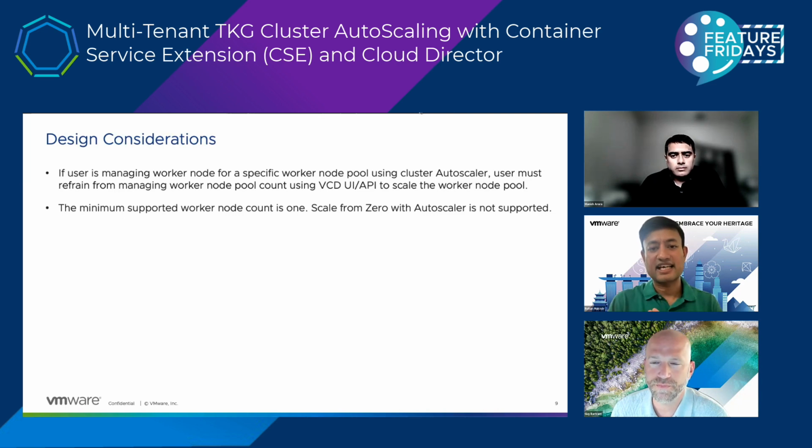That size is taken into consideration by the cluster autoscaler. So as soon as a pod goes into the pending state, the autoscaler looks into the current machine deployment, which is the current worker node pool size, and then it scales a new VM of the same size.